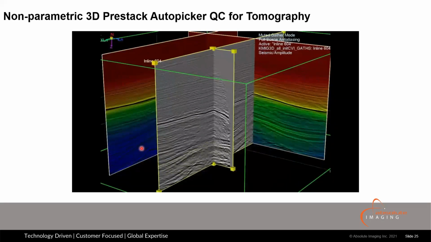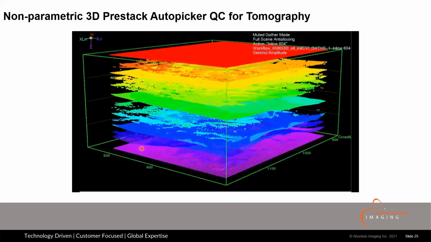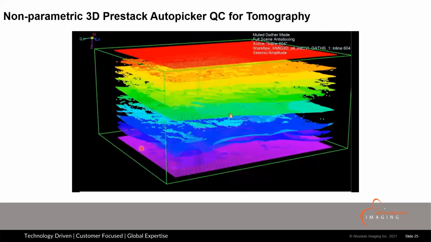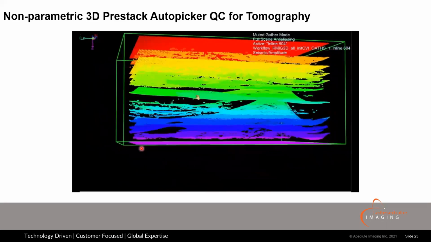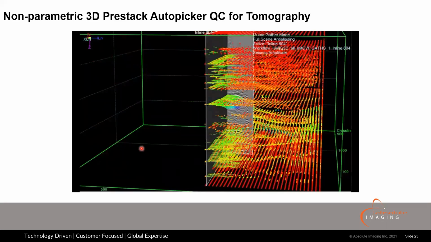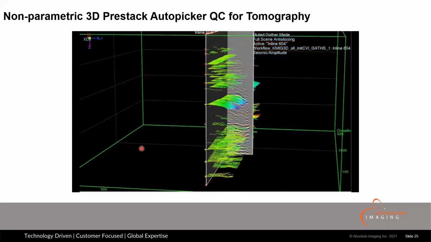You can pick the mute on the gathers, just to make sure that we are looking at the right things. So you can volumetrically display your residual picks, right? This is the process of eliminating, and you can correlate at the same time.